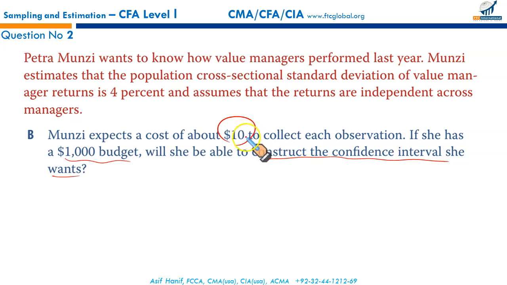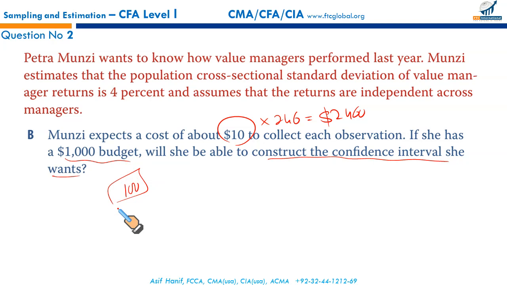It costs $10 to collect one observation, so she needs $2,460 to achieve what she wants. With a budget of only $1,000 at $10 per observation, she will only be able to collect 100 observations, which means that the budget is insufficient.